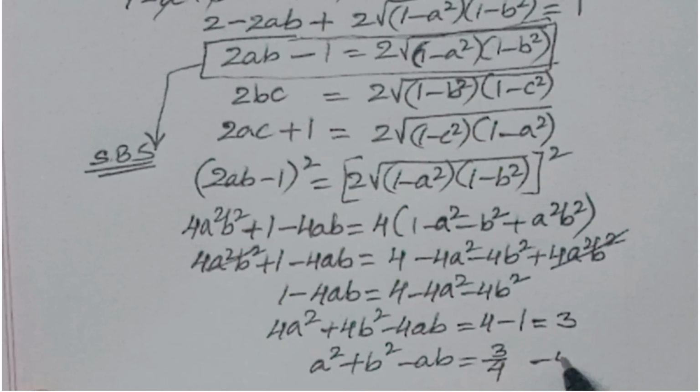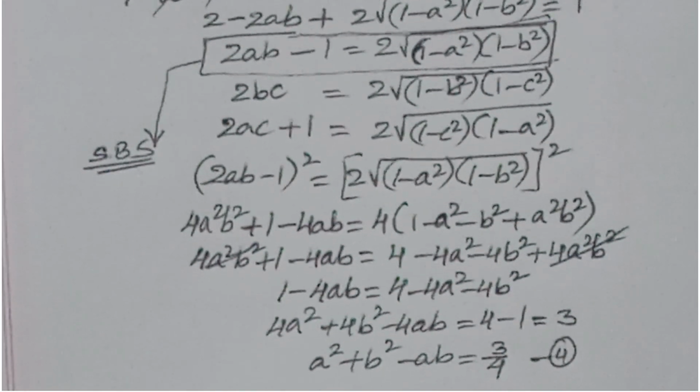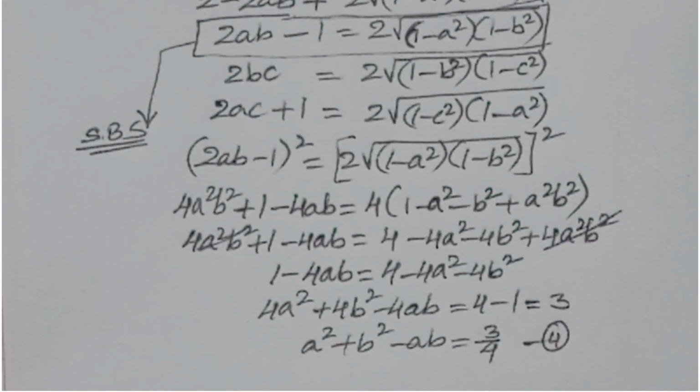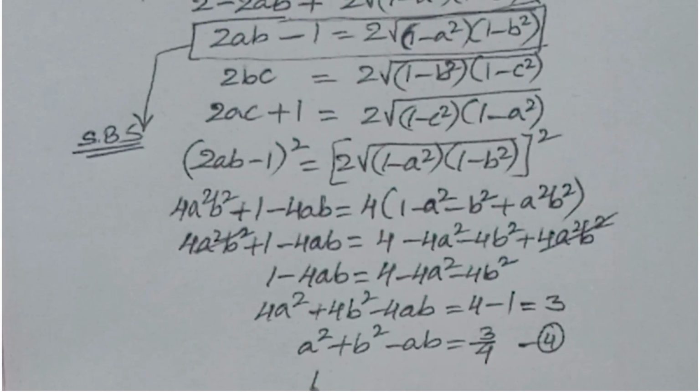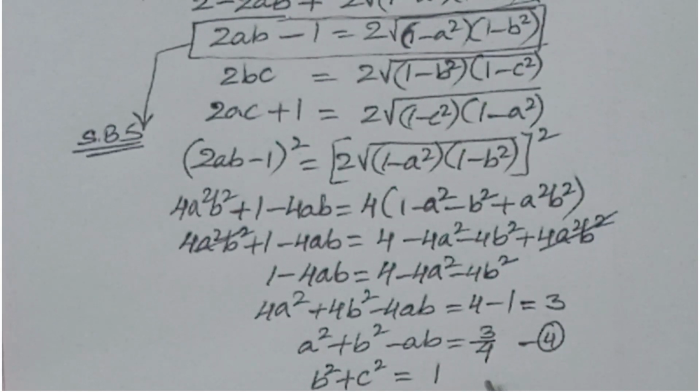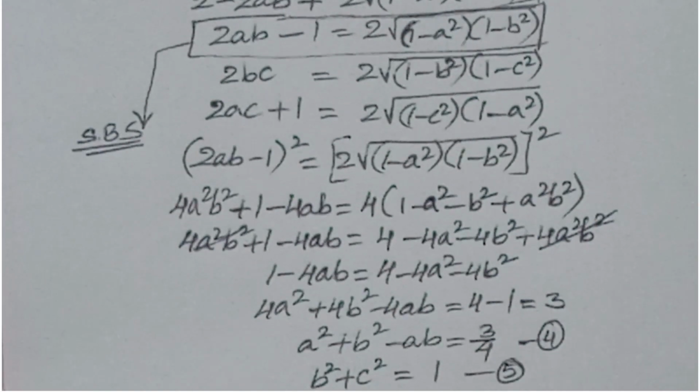Okay, let it be the fourth equation now. Somewhat we are having more calculation. Now if you do squaring on both sides, the second one, b square plus c square will get 1. Let it be 5.